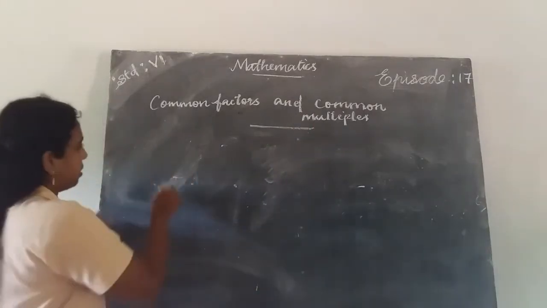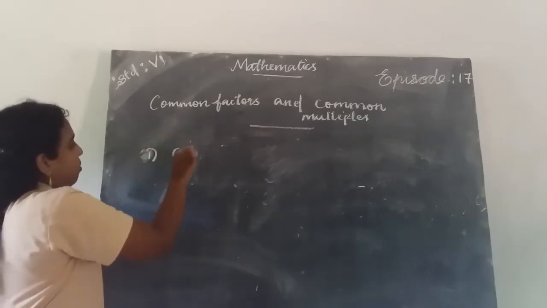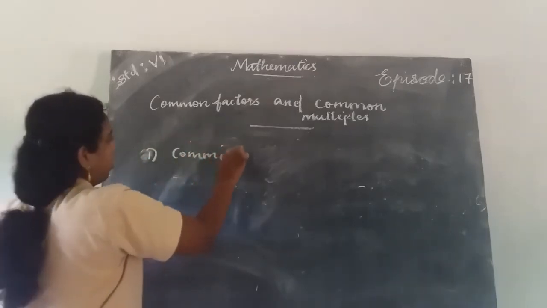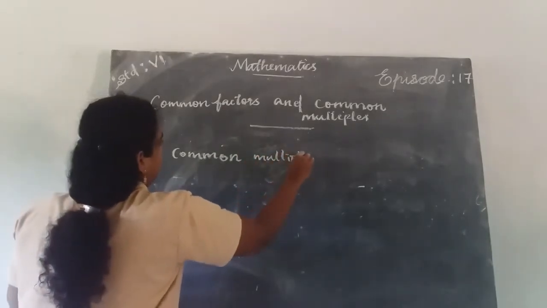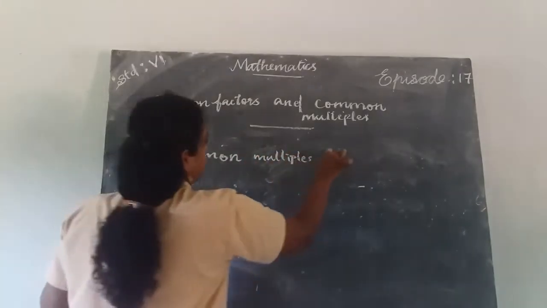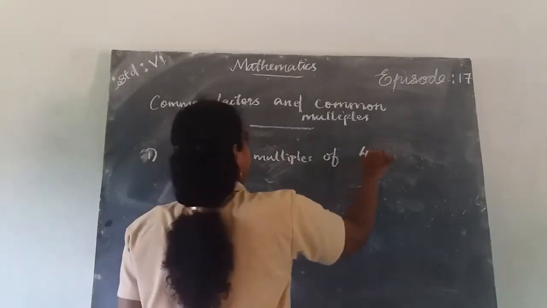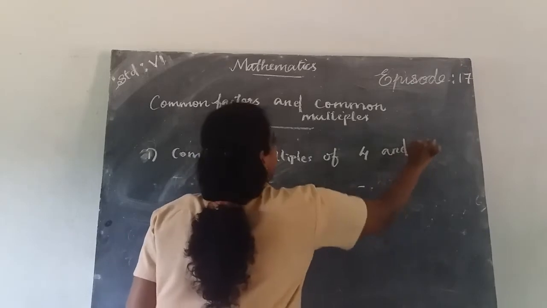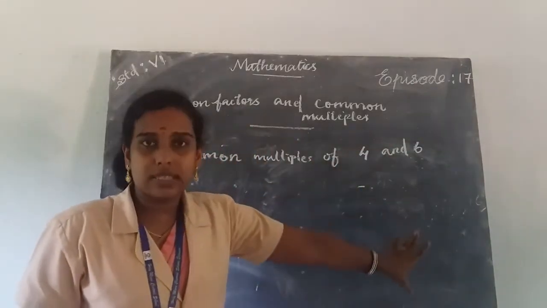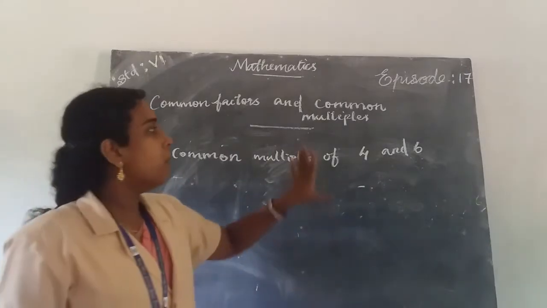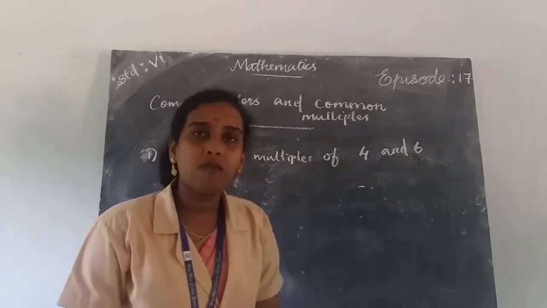Common multiples. Find the common multiples of 4 and 6. For finding the common multiples of 4 and 6, first we write the multiples of 4 and then write the multiples of 6.